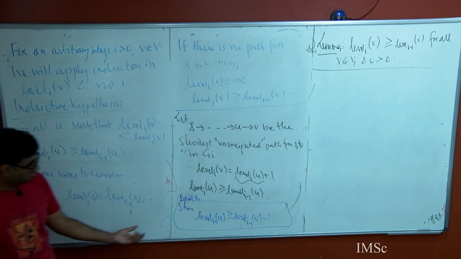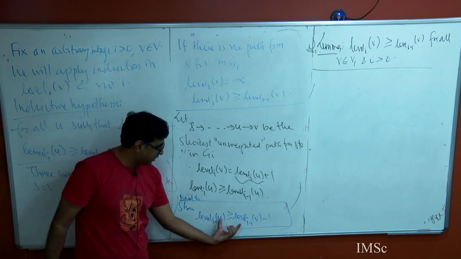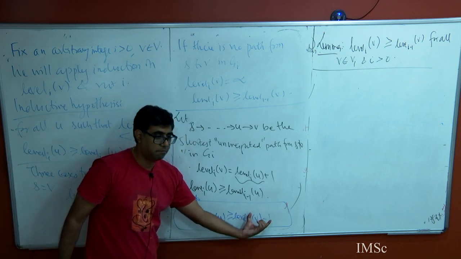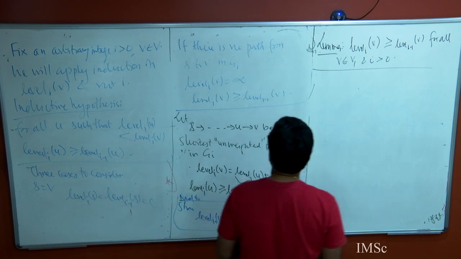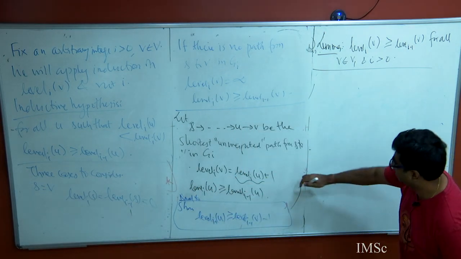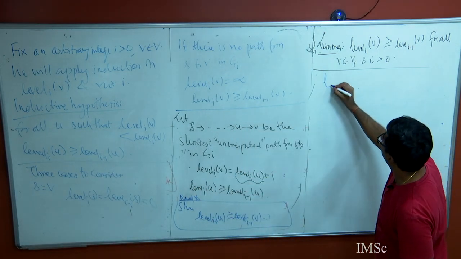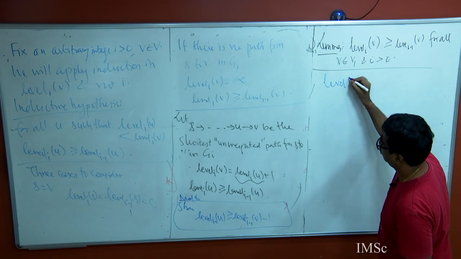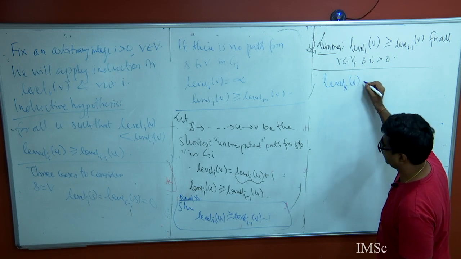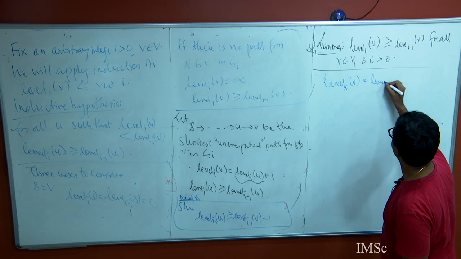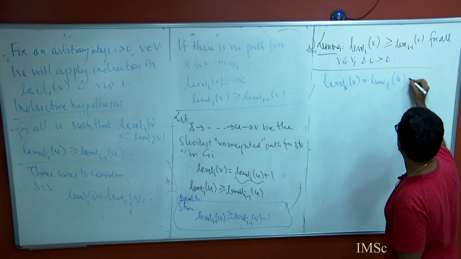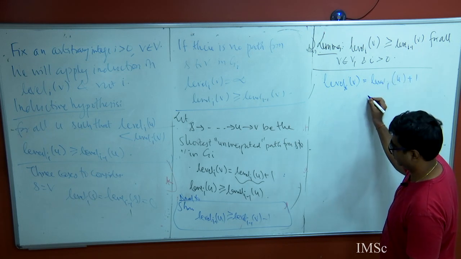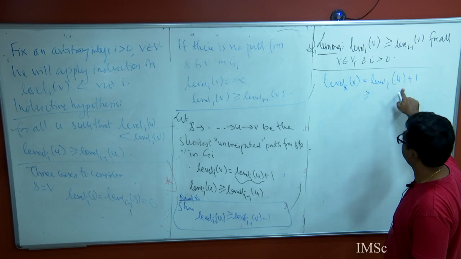Suppose I show that level_i of U is greater than or equal to level_{i-1} of V minus 1. Then we are done, because level_i of V is equal to level_i of U plus 1, and now I apply monotonicity here.